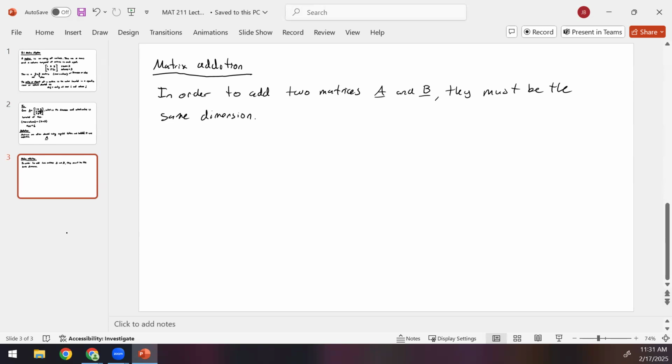So you can only add a 2 by 2 matrix to another 2 by 2 matrix. Just like with fractions, you can only add fractions with the same common denominator. You can't mix them up, because our method of adding or subtracting lends itself to them having to be the exact same structure.